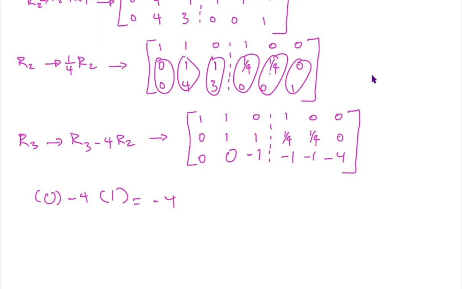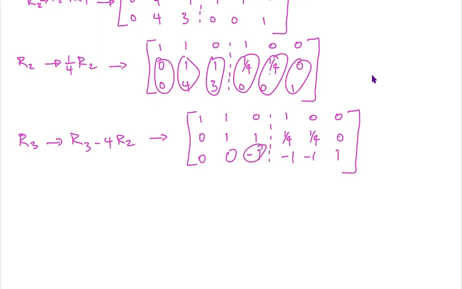So 1 minus, okay, so that's positive 1. And then next, because we already have 0 here, we want a 1 at the last corner.